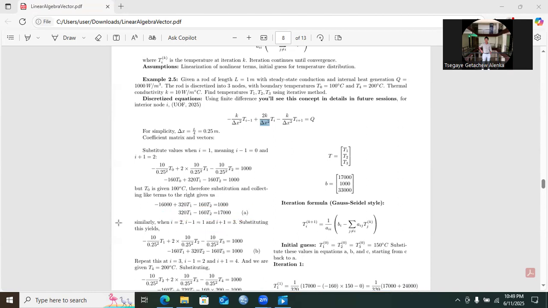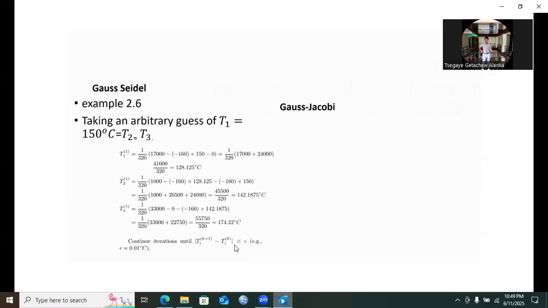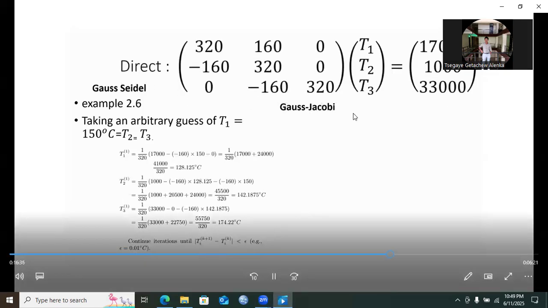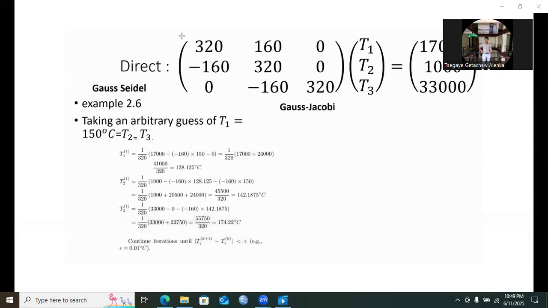Then use the results of both T1 and T2 to estimate T3 in equation B. We then go back to equation A and repeat the process until the results of our calculation no longer vary.